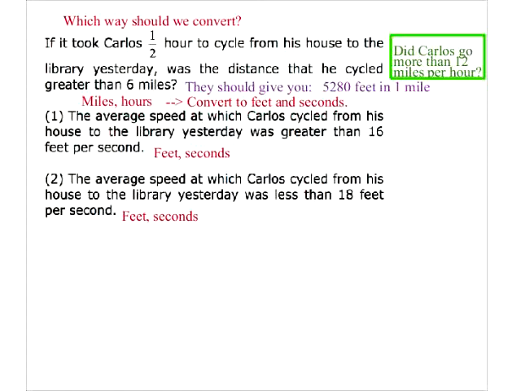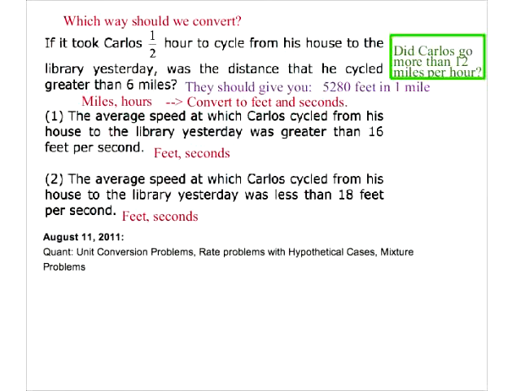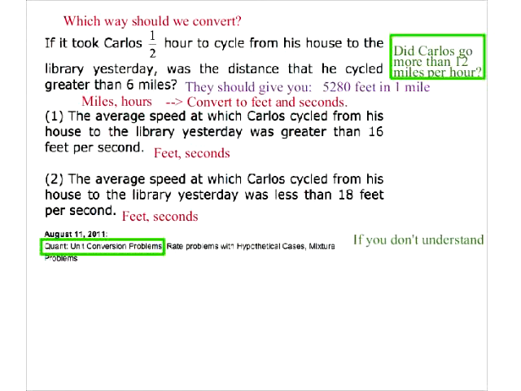If you don't remember how to do them, then here's the study hall session that you would look at. If you don't know what we're doing in the following work, then watch the study hall from August 11th. If you don't understand what we are doing, then watch this archived video.